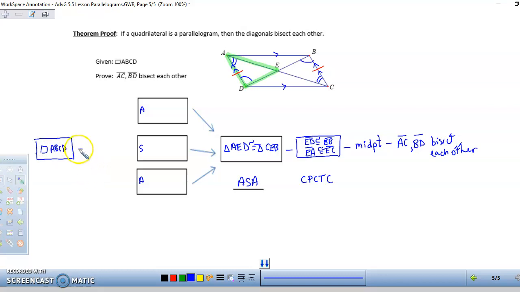Okay, and then that would give me the opposite sides. But from there, you would also need to know that you have opposite sides parallel. And then that would give you the alternate interior angles. So this is just some logic that goes before figuring out all the parts for the triangles. Okay, so this is actually a pretty complicated proof, but this is the basic logic of how that works.